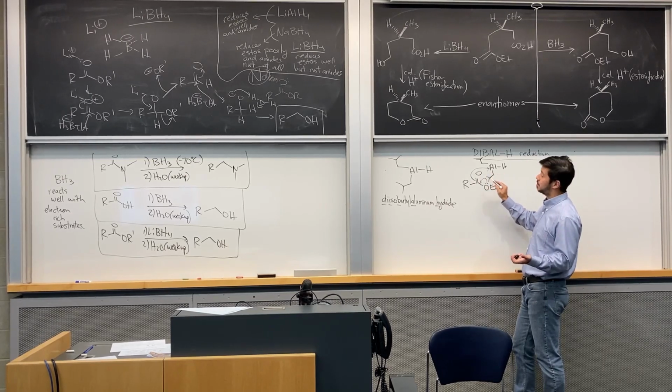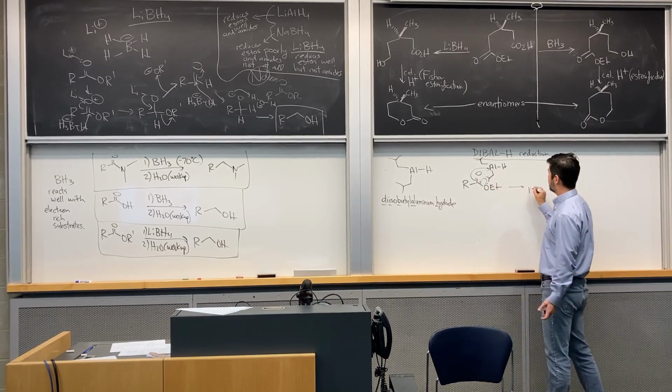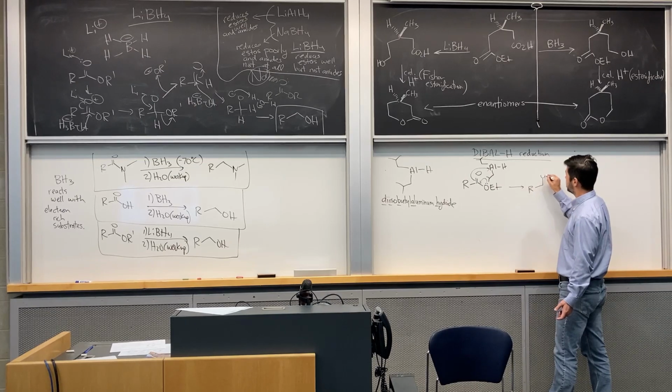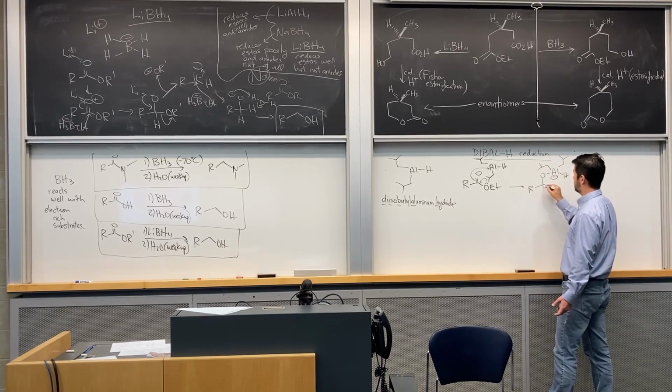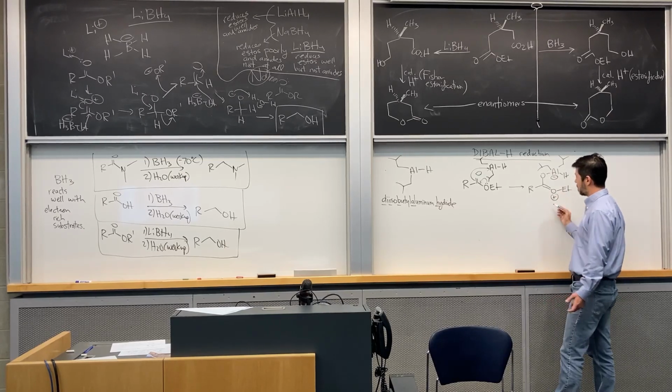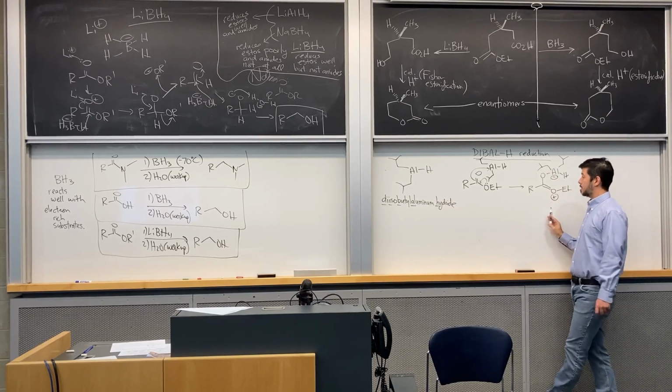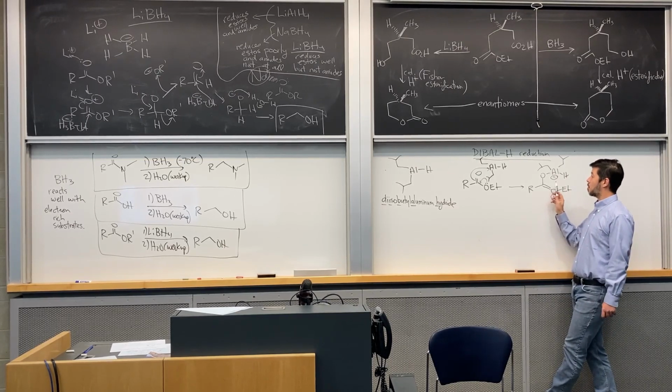And then what you generate is now a negatively charged aluminum and a positively charged oxygen here. So what you have are now good ingredients for intramolecular nucleophile, intramolecular electrophile.